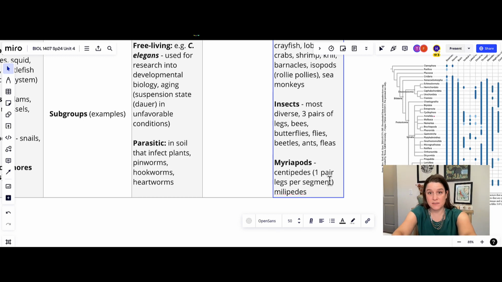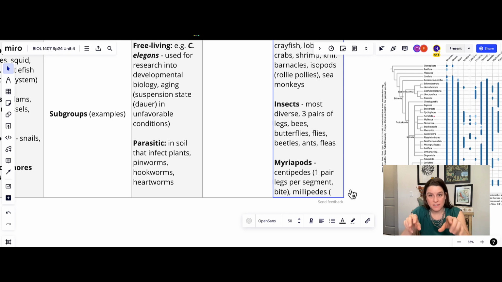Centipedes, they'll bite you. They have little fangy things and they can hurt or even give you an infection or a poison kind of thing. Millipedes, on the other hand, don't. They eat detritus, dead leaves and stuff like that. So if you see a segmented wormy thing with legs, which is a myriapod, a millipede or centipede, look at its body segments.